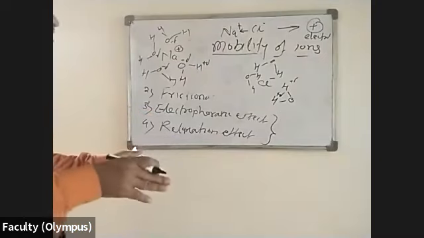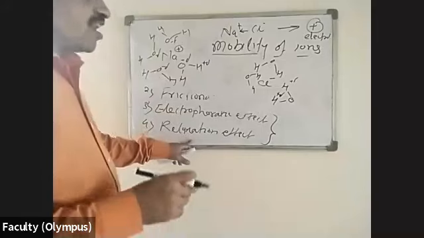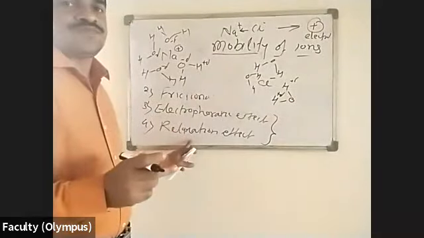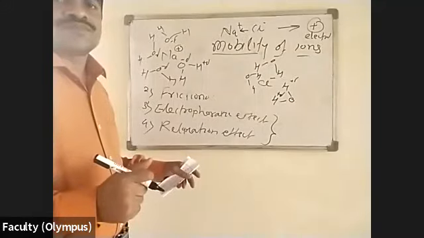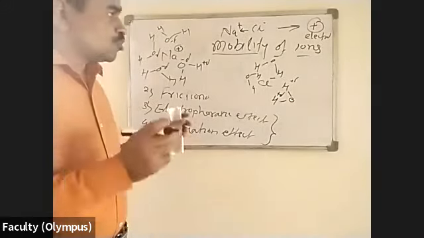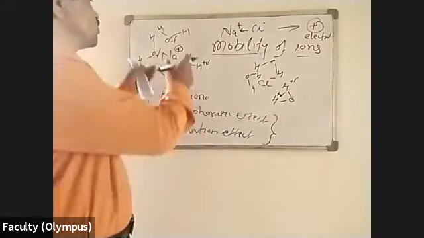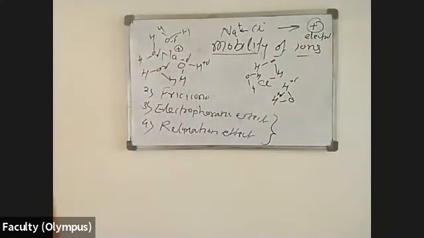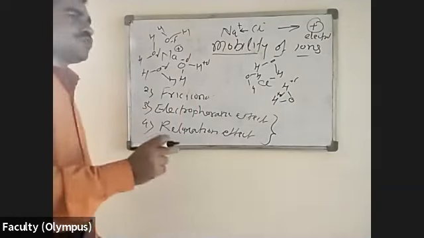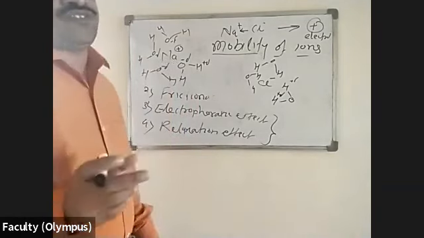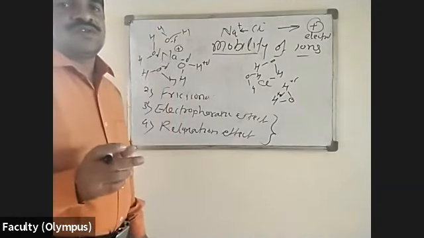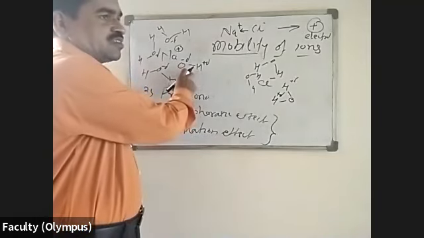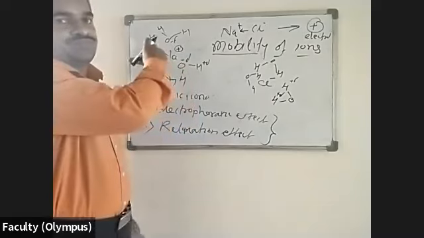Now we have said that these two effects are negligible in concentrated solution. Why so? Because in concentrated solutions, there are more number of positive and negative ions and less solvent molecules. Sometimes it is called hydration, hydrated ion.